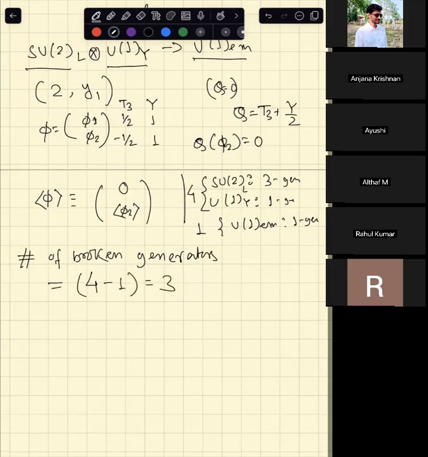And that's how you get 3 broken generators. And the number of broken generators is equal to the number of massive gauge bosons. Now you go back and see in the standard model, because you perform this symmetry breaking, you generate W plus, W minus, and Z, 3 massive gauge bosons, and 1 unbroken, so 1 photon. So that's how you count.